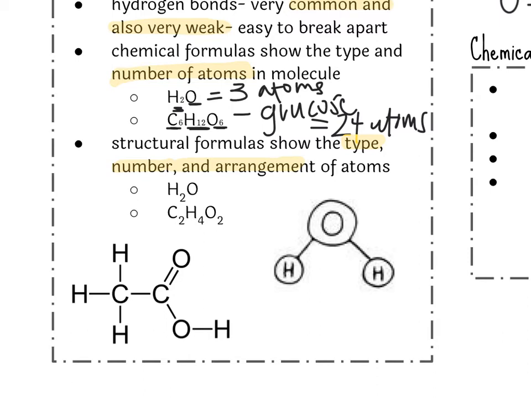So the structural formulas are written right here, drawn actually. So the structural formula for H2O, there's going to be the O in the middle, and coming at a little diagonal is each hydrogen. Okay, so you should be drawing that.